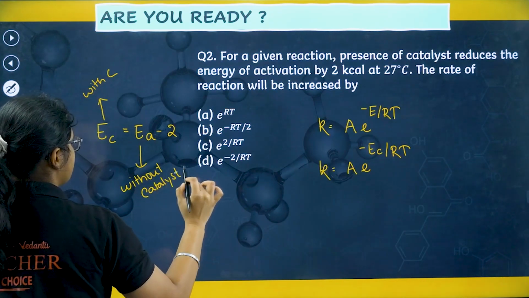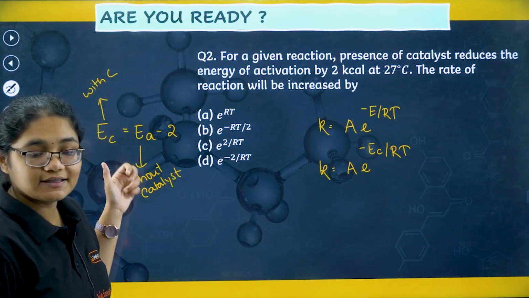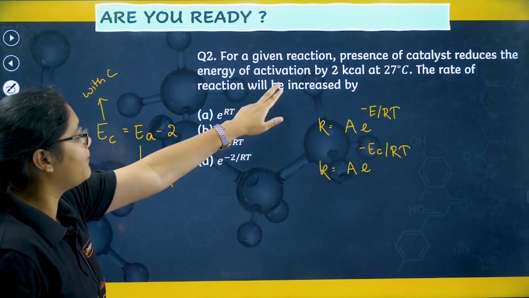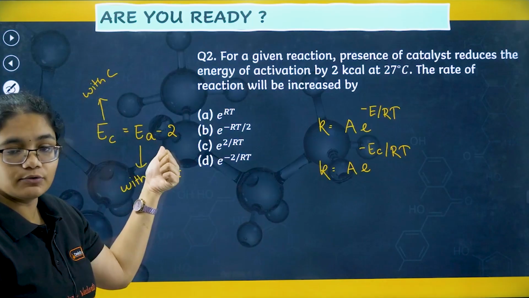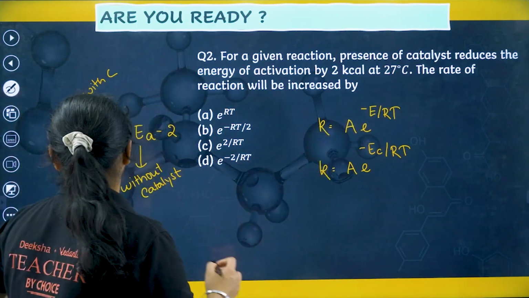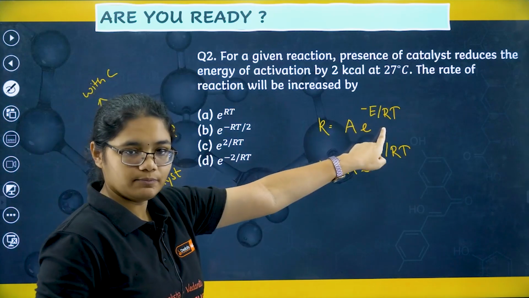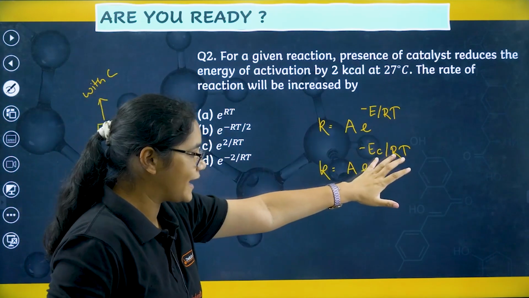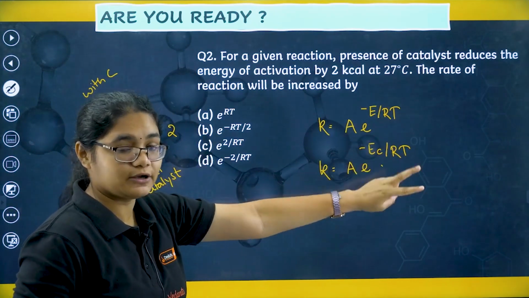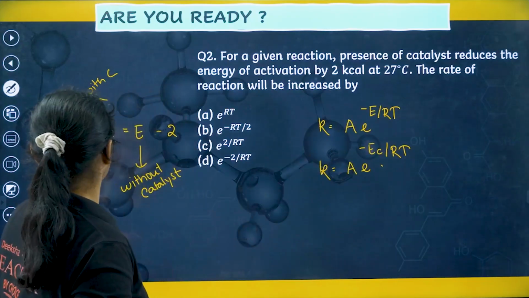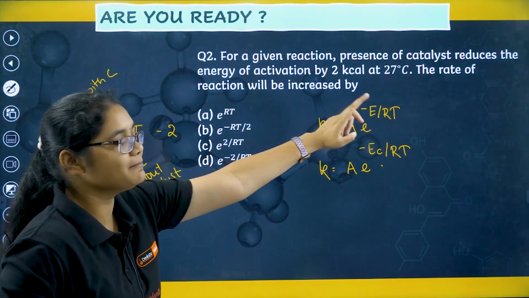Are you getting this one? When I used the catalyst, the activation energy reduced by 2 from the initial value. This was the initial value E. So EC should be equal to E minus 2.